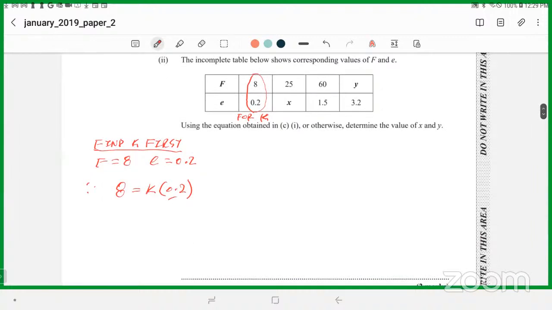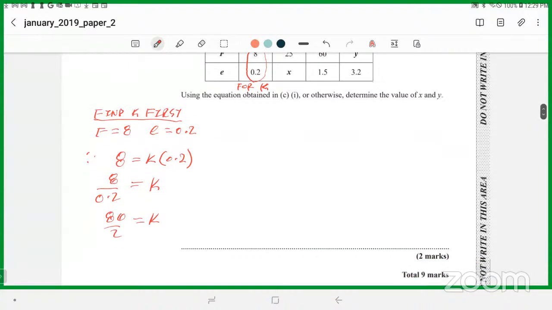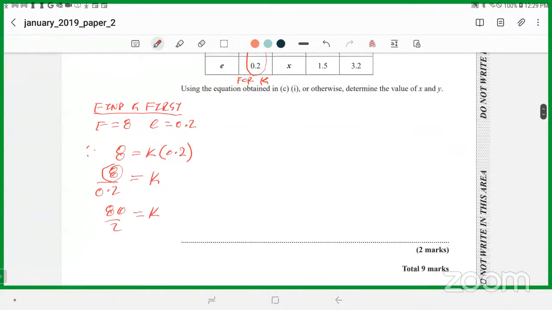So what is K? You can divide by 0.2. K becomes 8 over 0.2, which becomes 80 over 2. I'm just trying to work it out without a calculator, so I multiply numerator and denominator by 10, and then 80 divided by 2 is 40. So K equals 40.